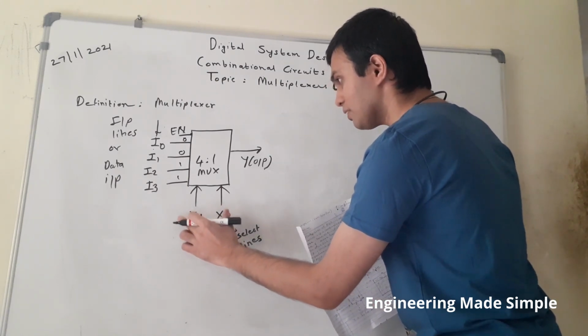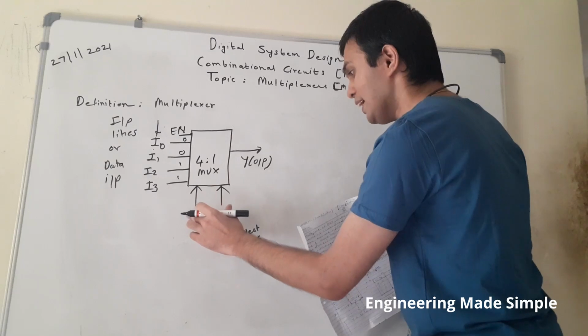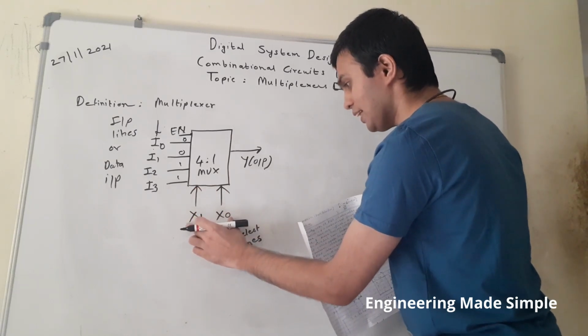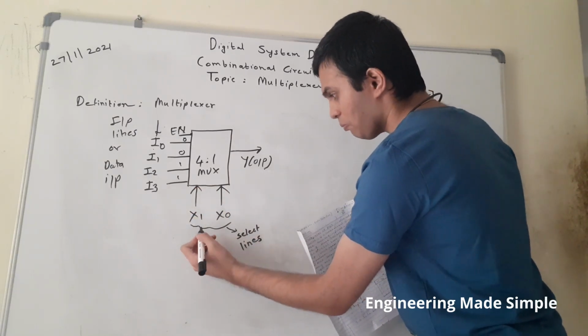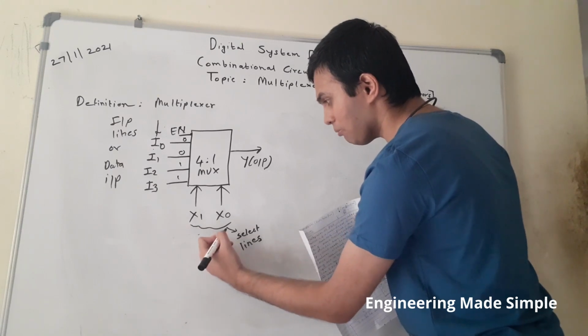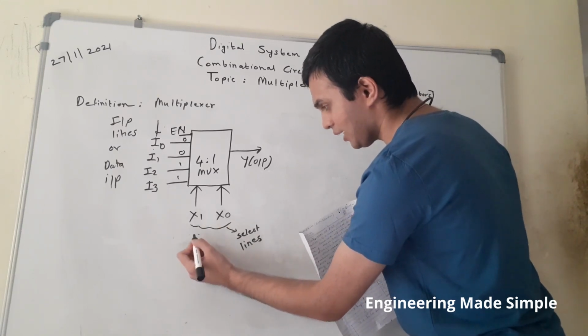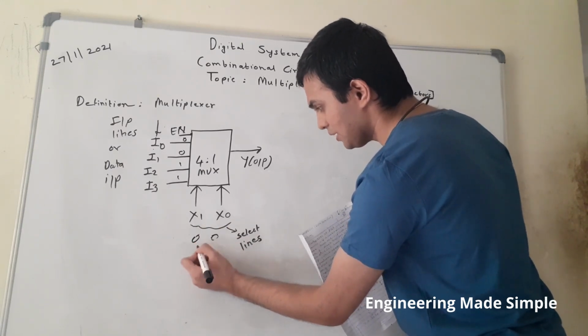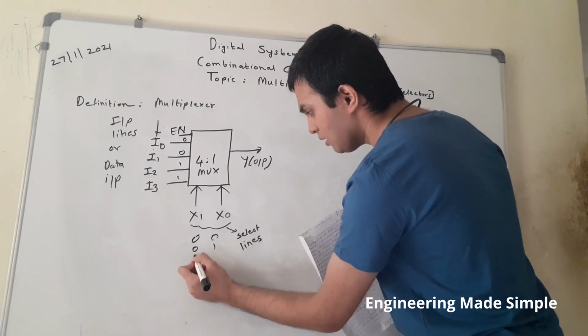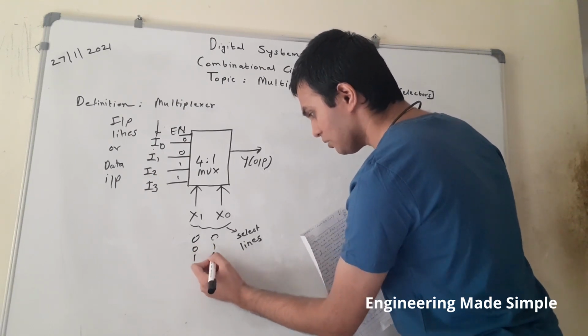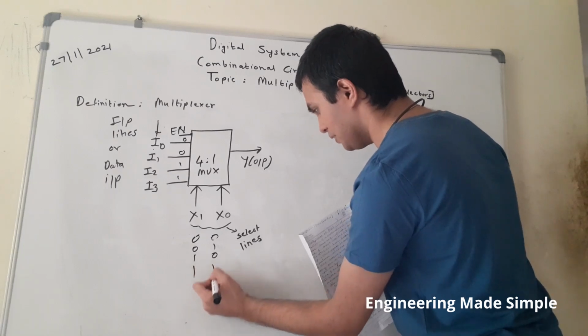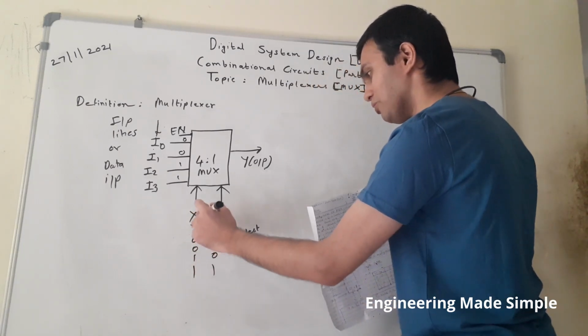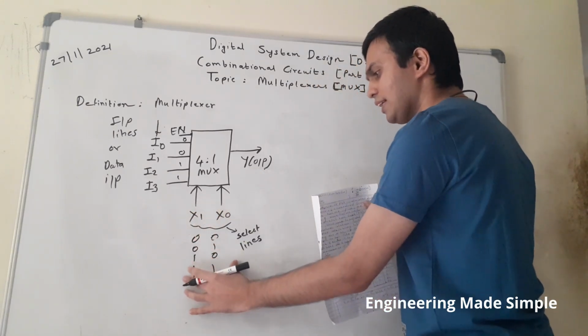As we are dealing with binary data, you see there are 2 select lines. What are the possible combinations X1, X0 can take? This can take the combinations 0 0, 0 1, 1 0, and 1 1. So these are the values of X1 and X0, which are the select lines.